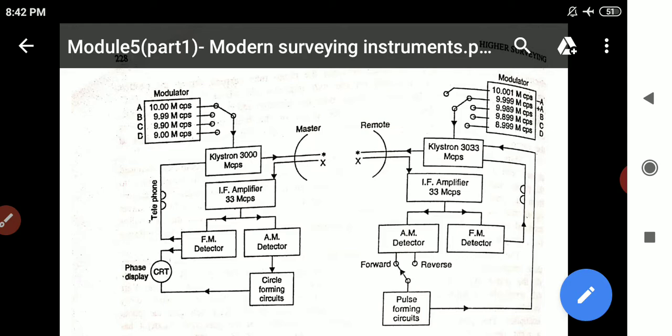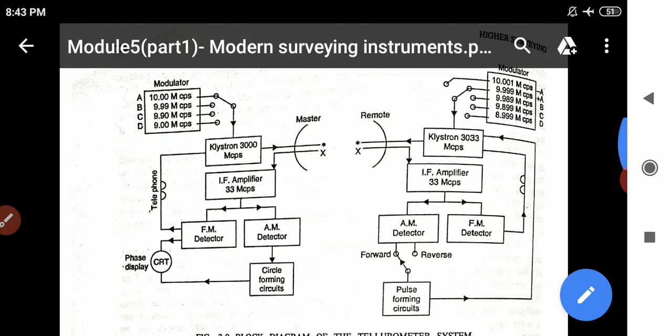First, it was designed by Wadley, and radio waves are emitted by the master instrument at a frequency of 3000 MCS, which is 3 into 10 raised to 9 CPS. From the high frequency wave, termed the carrier wave, the low frequency wave is known as the pattern wave and is used for making accurate measurements. The high frequency carrier wave is thus said to be modulated by a low frequency pattern.